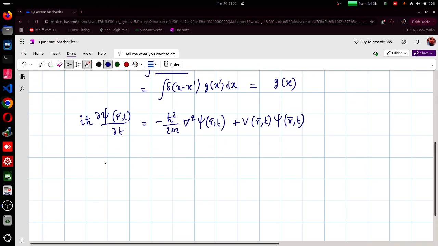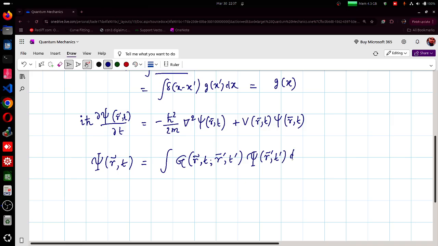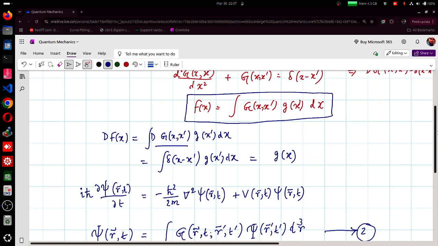Following the similar trend, psi(r,t) will be the integral of G(r,t,r prime,t prime) psi(r prime,t prime). I have not written anything new, just following the previous trend.